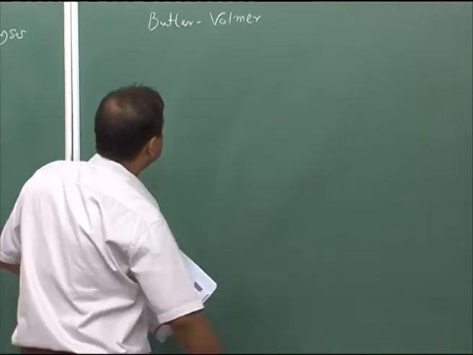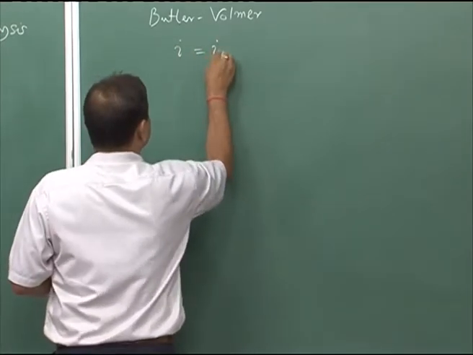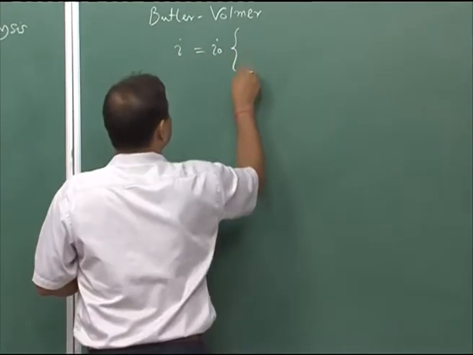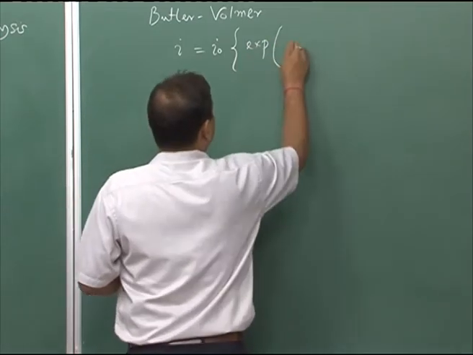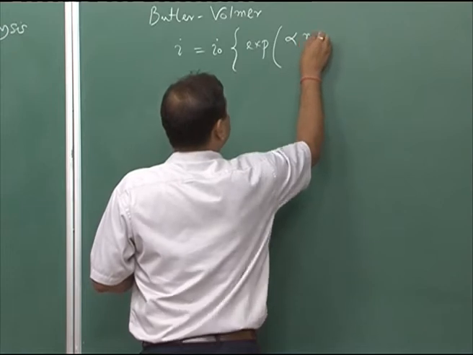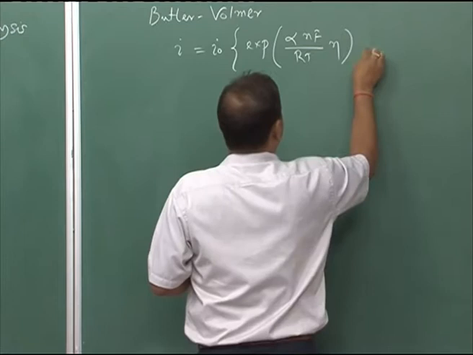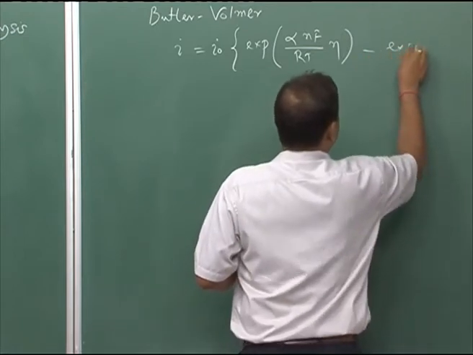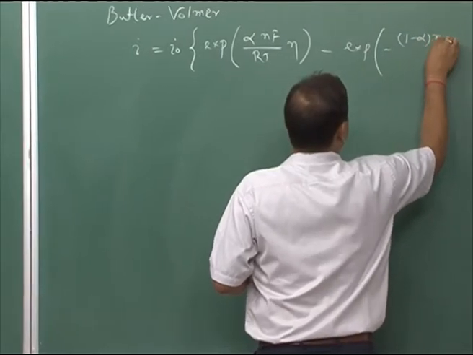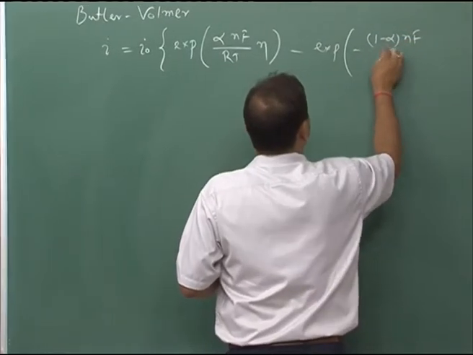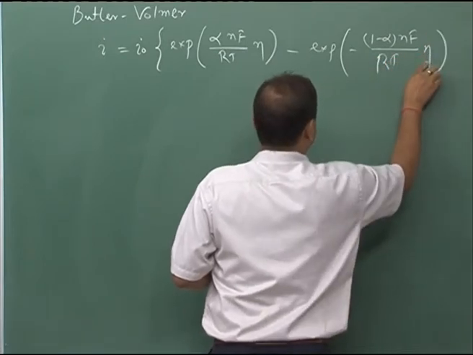That equation says that I equals I 0 exponential alpha n F eta by R T, minus exponential minus 1 minus alpha n F eta by R T. This eta is my overvoltage.